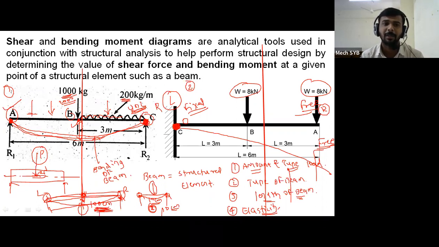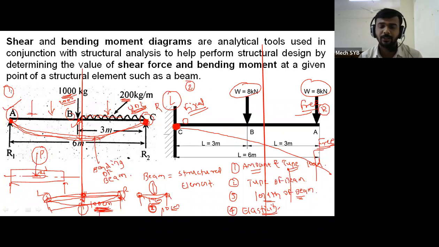Wherever such beam structures are provided, at that time it is necessary and compulsory to calculate the shear force value and the bending moment value. It is compulsory. And in this particular chapter, we are calculating it.